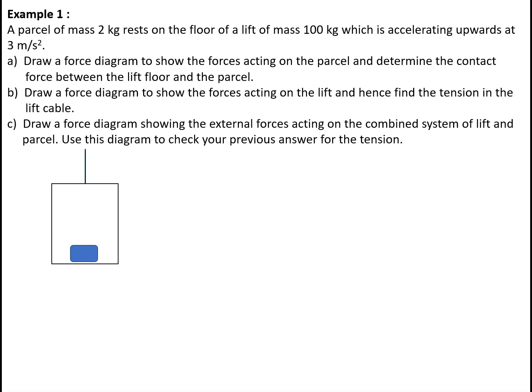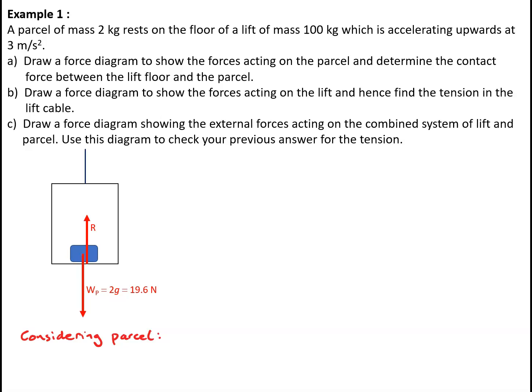So, there's my simple diagram of the lift together with the parcel inside the lift, and in this diagram we are only going to show the forces acting on the parcel. So the forces acting on the parcel are its weight, which is 2 times 9.8 or 19.6 newtons, and then the contact force, which we'd normally call the reaction force, from the lift floor onto the parcel.